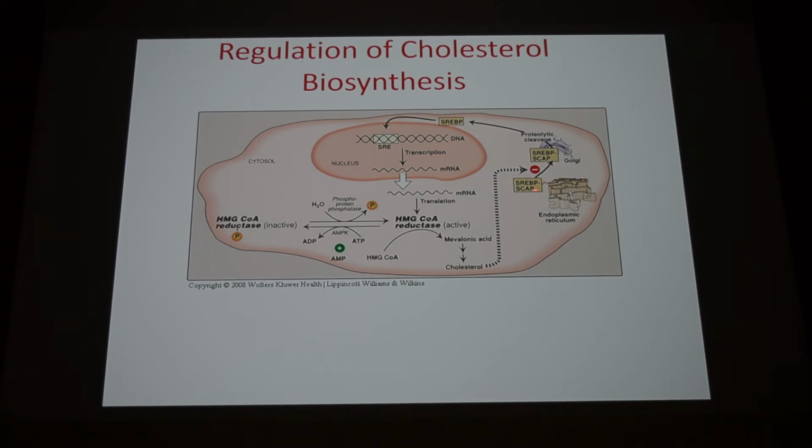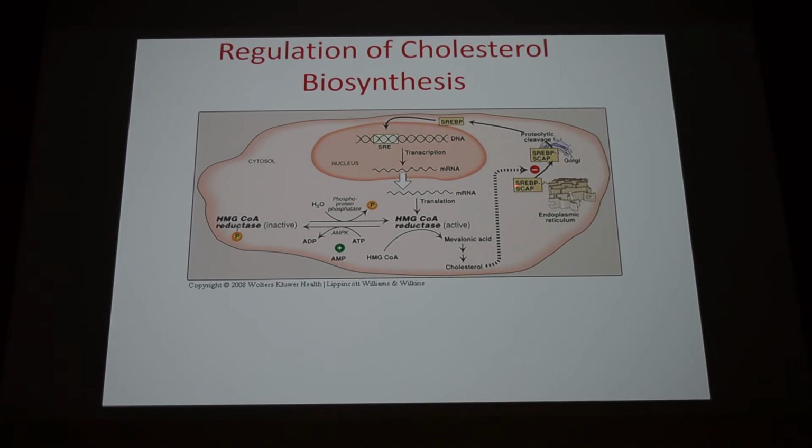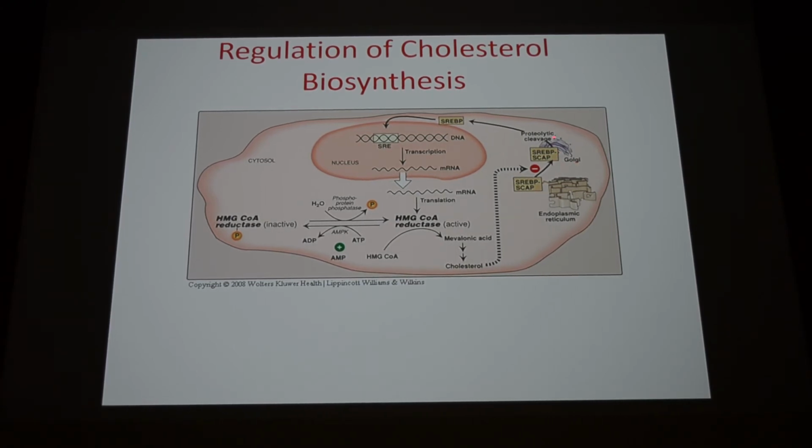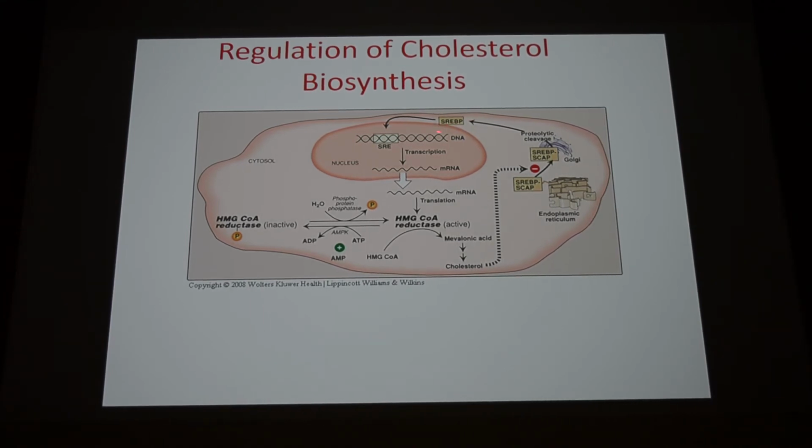So what is the regulatory element here? It's called the sterol regulatory element binding protein, which is bound in the endoplasmic reticulum to a cleavage activating protein. When there is a low level of cholesterol, this will move to the Golgi apparatus, and it's cleaved by proteolytic enzymes, and then the regulatory element binding protein will activate the sterol regulatory element on DNA, which will stimulate the messenger RNA, and the messenger RNA is translated to form the enzyme.